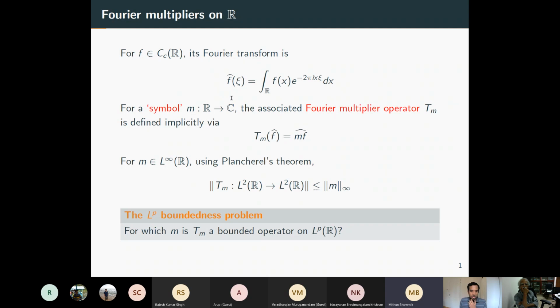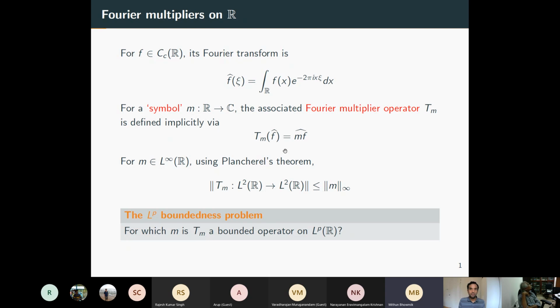And so given some function, which commonly these functions are called symbols, on the real line, you can do a multiplication. You can do this multiplication at the level of the Fourier transform. So that defines this Fourier multiplier operator Tm, which is a multiplication operator on the level of the Fourier transform.